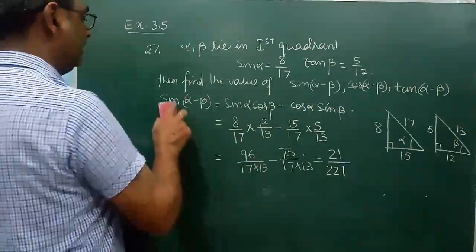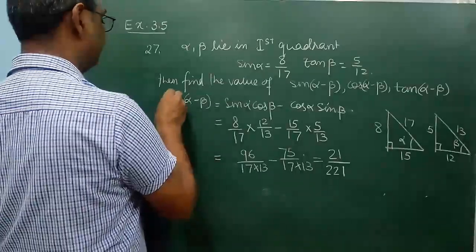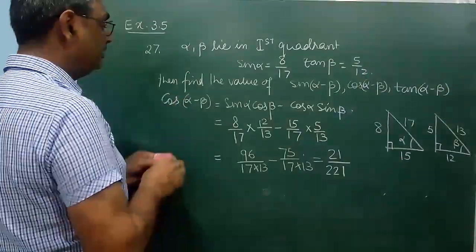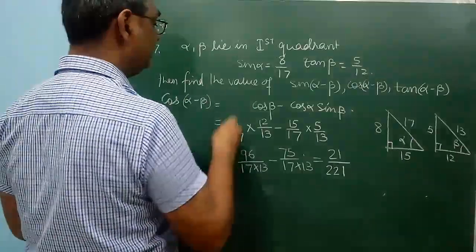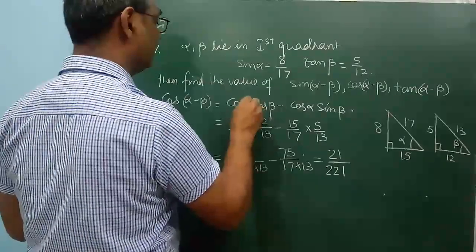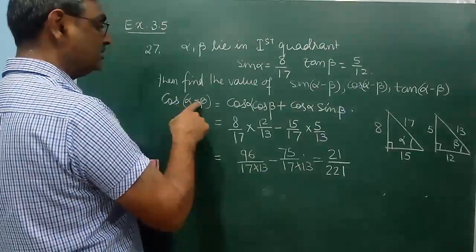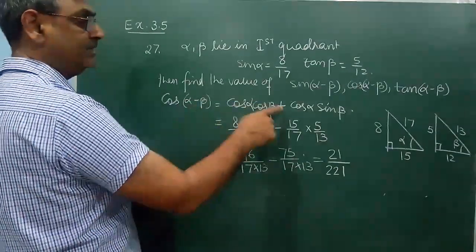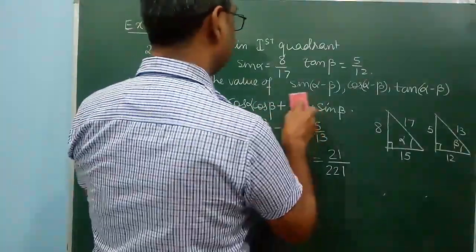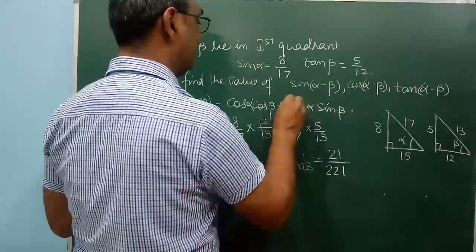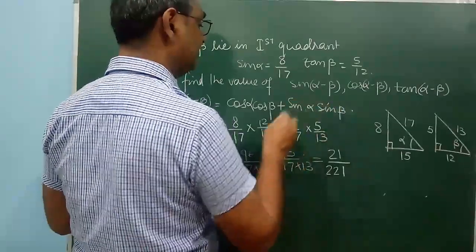Now cos alpha minus beta, what will it be? Cos alpha cos beta plus, because here it is minus; in case of cos the sign gets changed, so it becomes plus. So here it will be sin alpha sin beta.